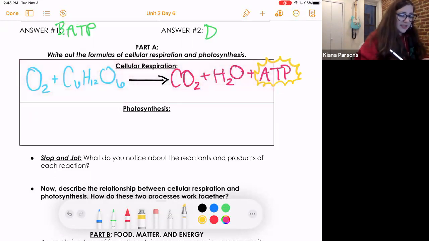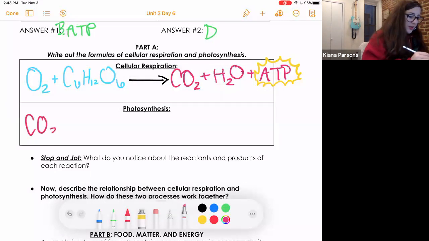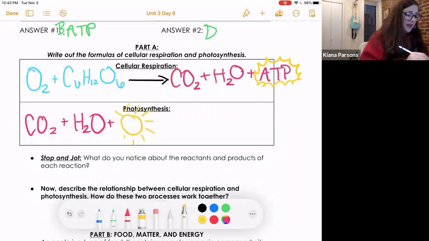So photosynthesis starts with CO2 plus H2O plus light energy, right? So this is energy, and so is this.